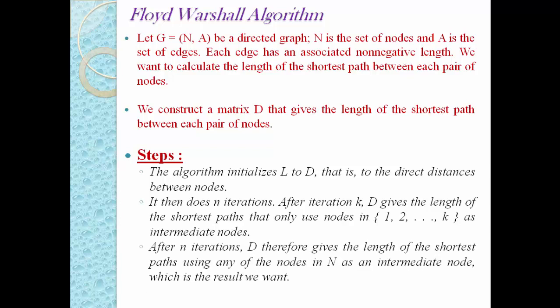The third step is, after n iterations, D gives the length of the shortest path using any of the nodes in capital N as intermediate nodes, which is the result we want. So after n iterations we will have one capital D matrix in which the shortest path for every pair of nodes is available.